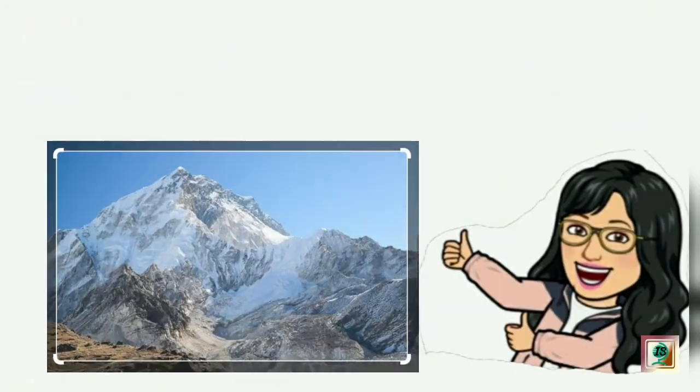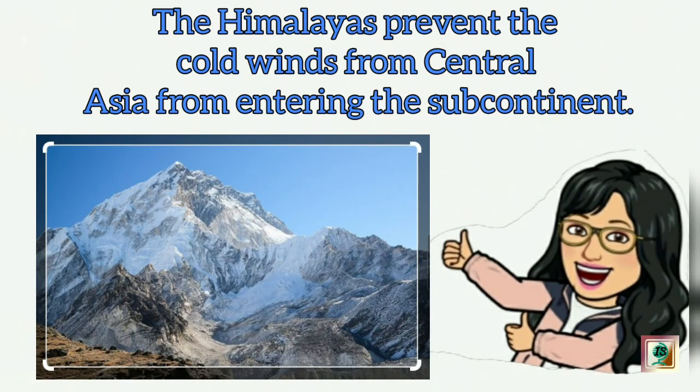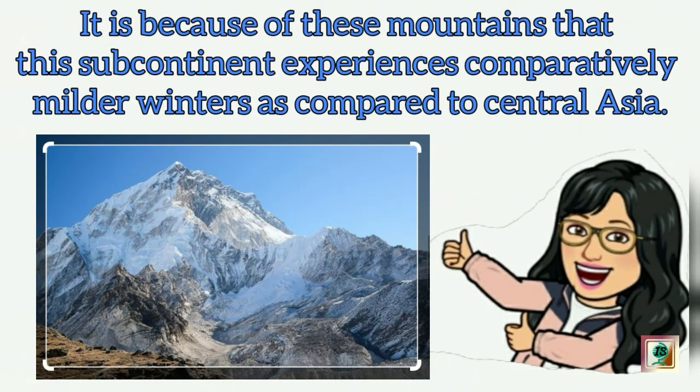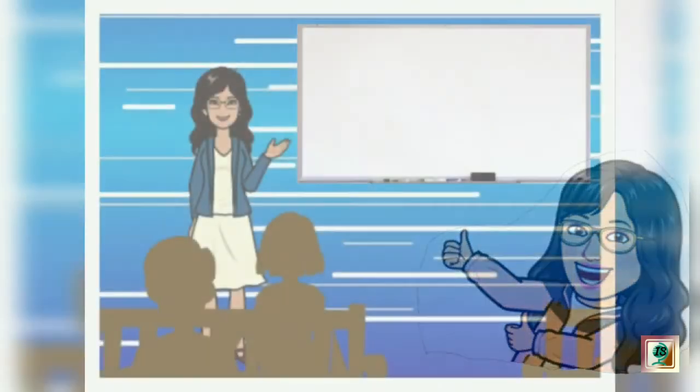Do you know the Himalayan mountains act as barriers and do not allow the cold wind from Central Asia to enter in the Indian subcontinent? It is because of these mountains that this subcontinent experiences comparatively milder winters as compared to Central Asia. I hope this is clear to you.